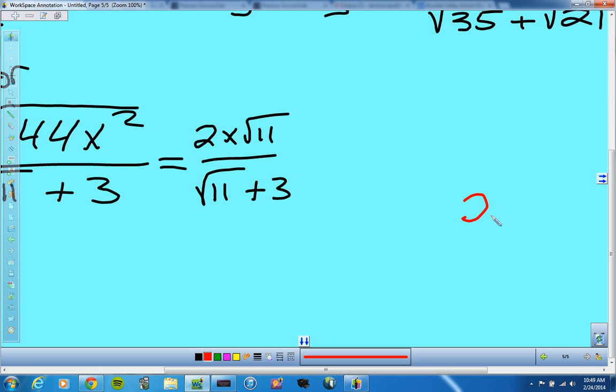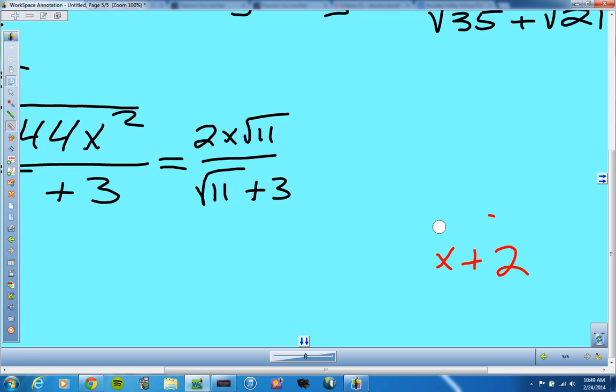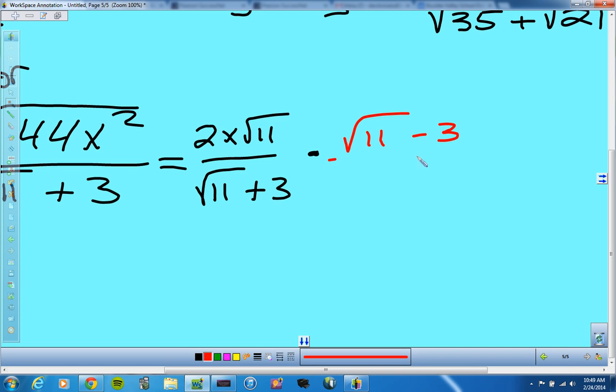Because if we have 2 over x plus 2, would you cancel those 2s? No. So it's the same rule, just more strange, basically. Okay? Good question, no? All right, so we're going to multiply, what's the conjugate here? Square root 11 minus 3 over square root 11 minus 3.